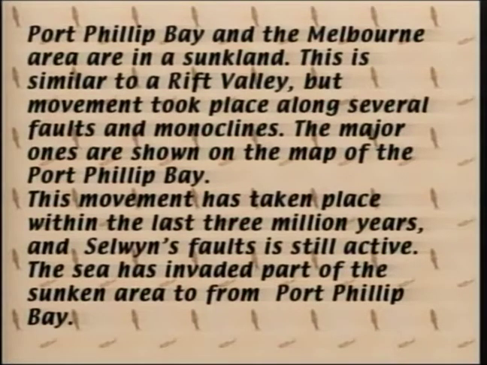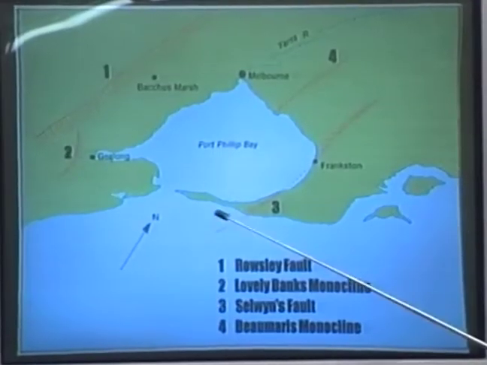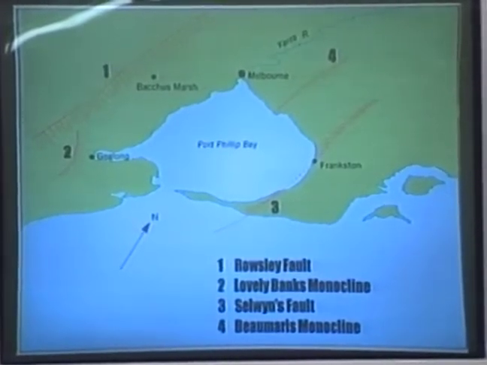The sea has actually invaded the part of the sunken land to form what we call Port Phillip Bay today. So if we go to that particular diagram, that information basically shows us what has happened within this region here in Melbourne.